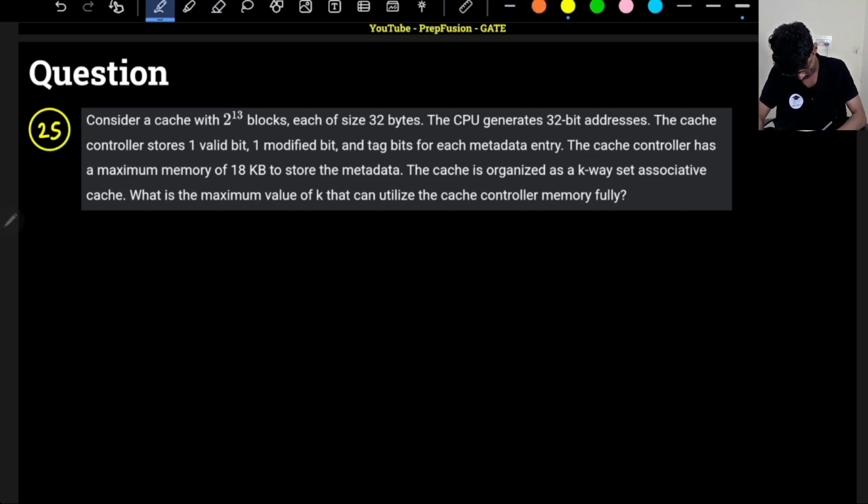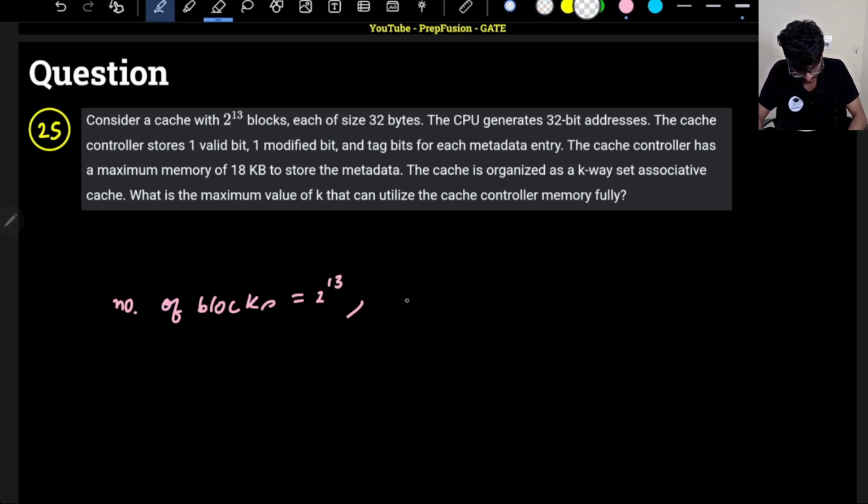So the number of blocks equals 2 raised to power 13, and each block size is 32 bytes. So basically the number of bits in byte offset.